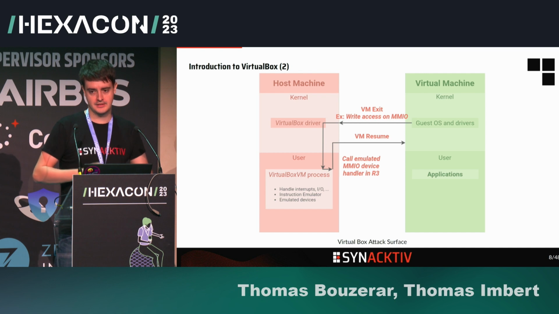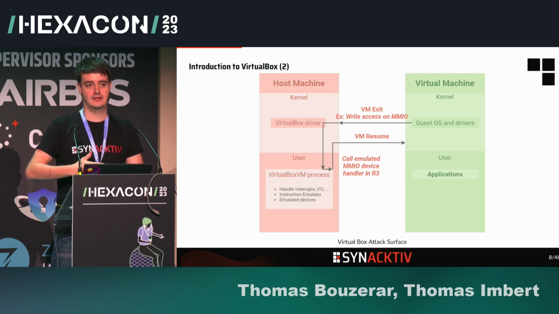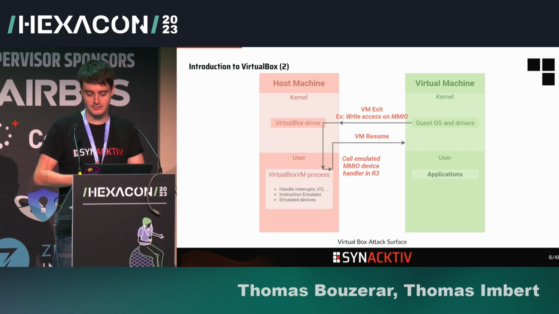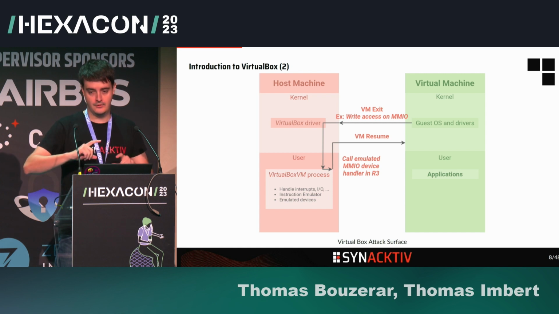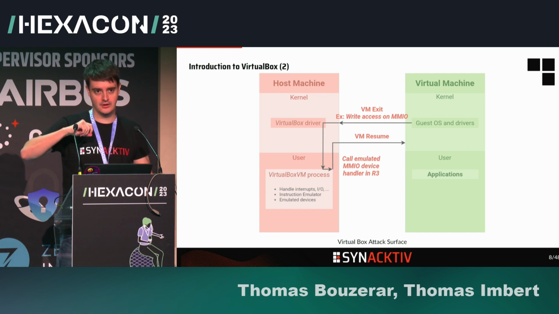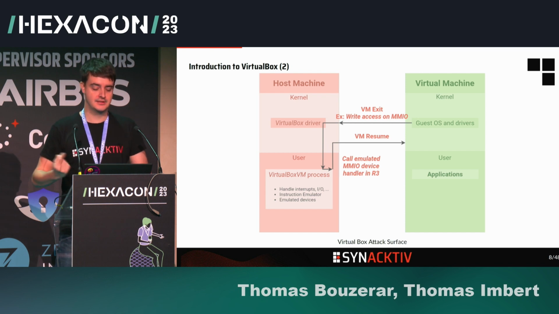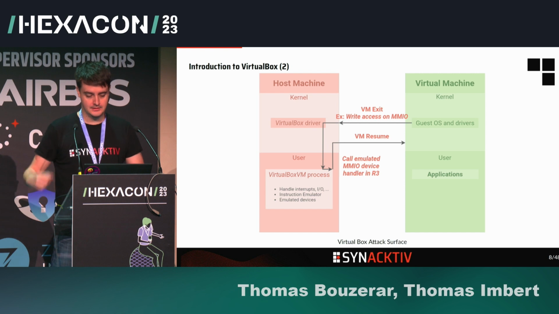This process runs in ring 3, and it handles most of the interrupts, IO, and emulated devices, and it even has an instruction emulator. All of this is an attack surface from the guest to the host, and it's parsing untrusted data from the virtual machine. So it's interesting for us, and this is what we will target.